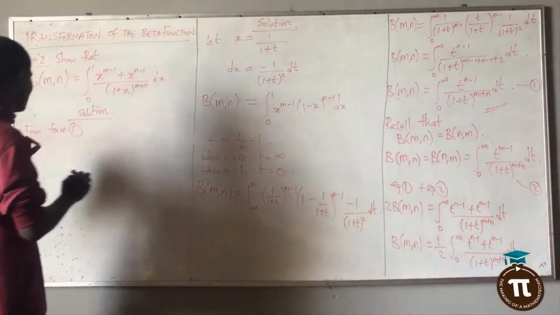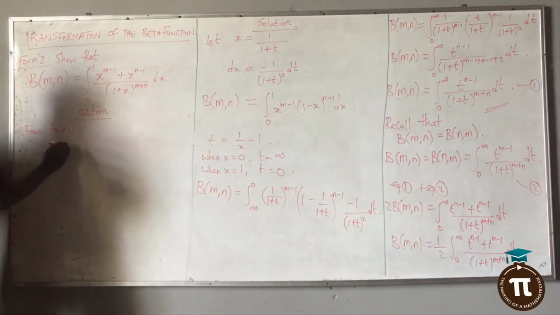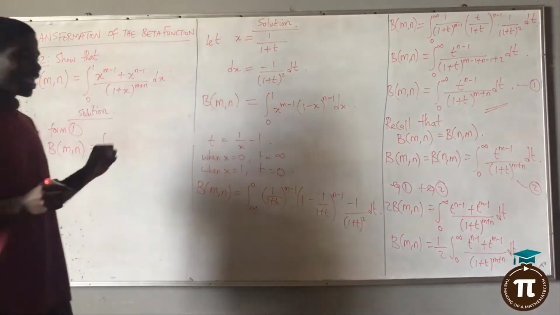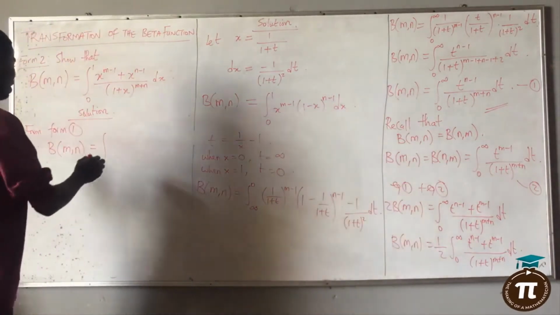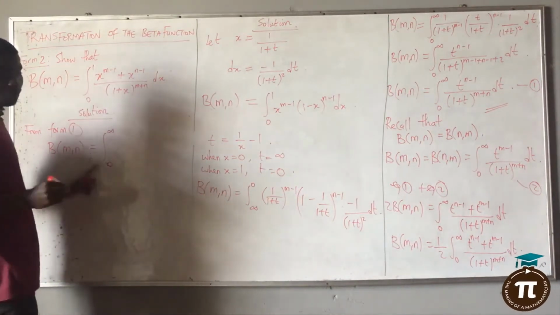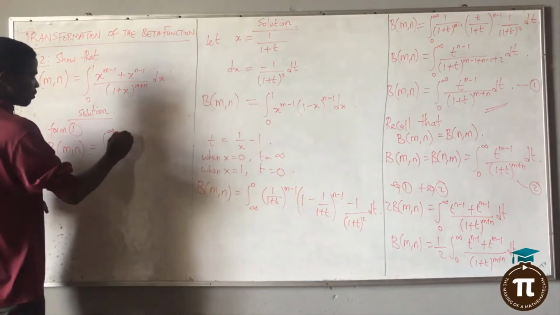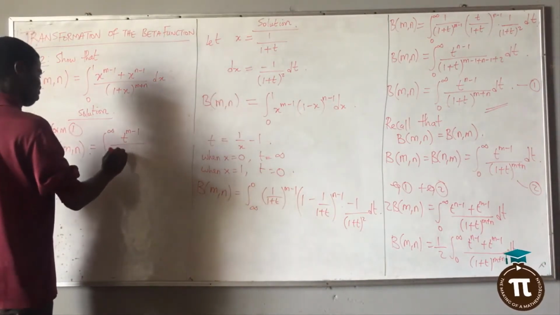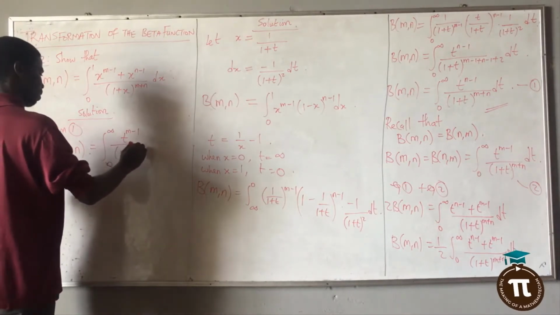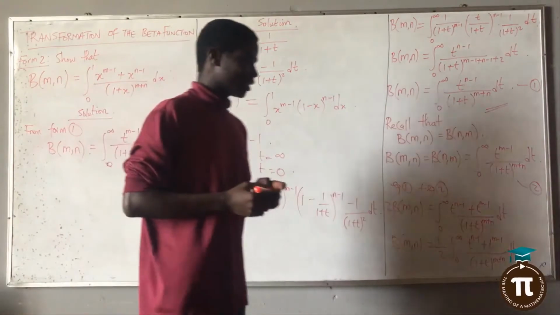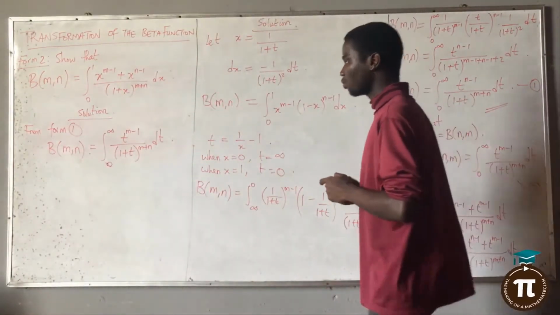Recall that beta of m comma n is equal to the integral from 0 to infinity of t raised to the power of m minus 1 all over 1 plus t raised to the power of m plus n, dt. That is the first thing I'm going to do.